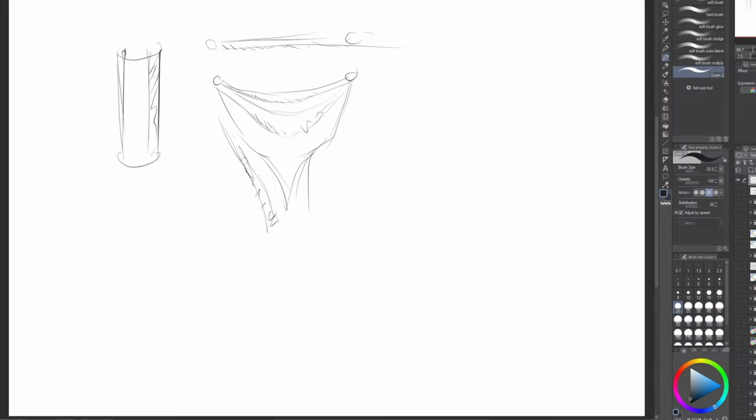And then you've got this aspect of the cloth, and then maybe you'll have another pipe fold coming down, and it'll be more of a straight pipe fold, and you've got this darker side of it.